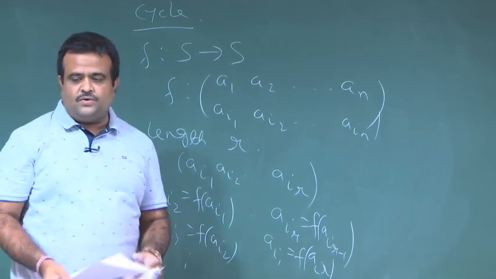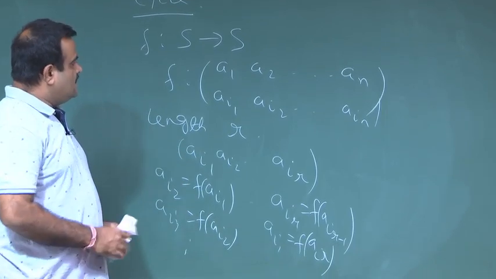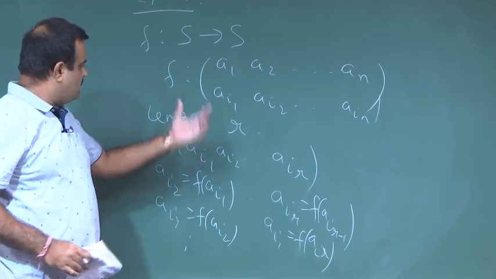Okay. So, if we can represent this way, then it is basically a cycle of length r. It is basically coming back to the same.